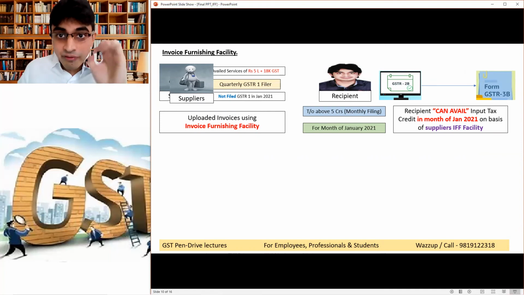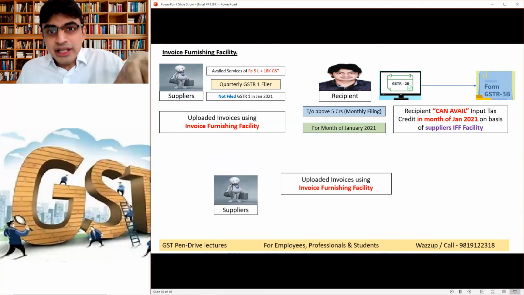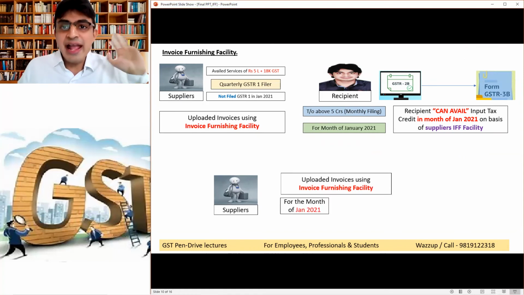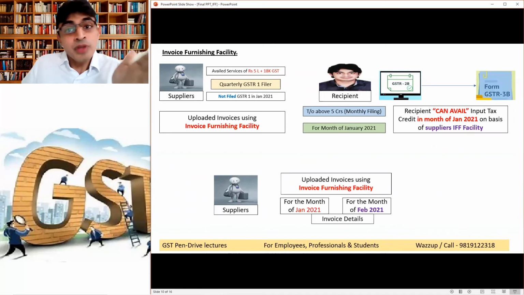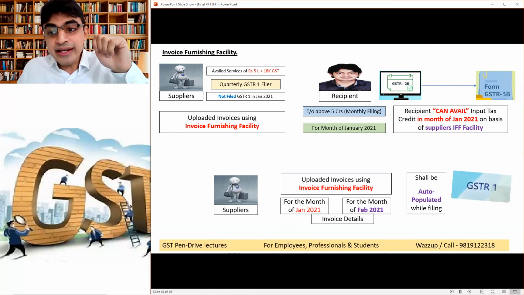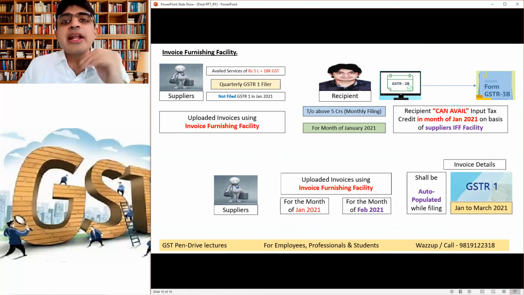Agreed? And see, the advantage of this. All the suppliers who have uploaded invoices using the invoice furnishing facility for the month of Jan as well as Feb, the first 2 months of the quarter, all these invoices shall again get auto-populated when they file GSTR1 for the quarter of Jan to March.